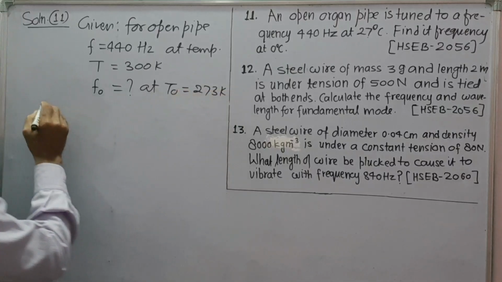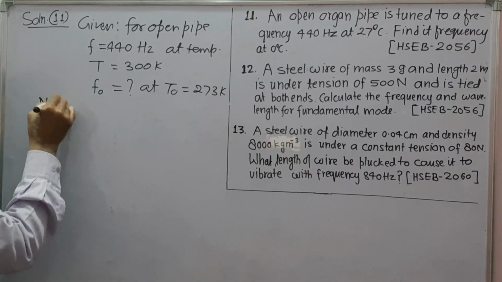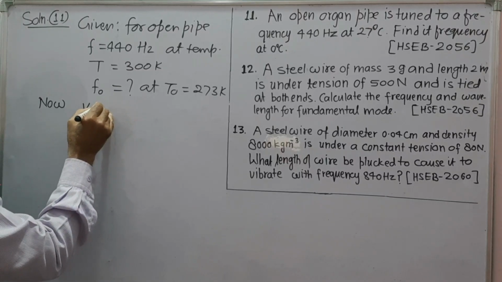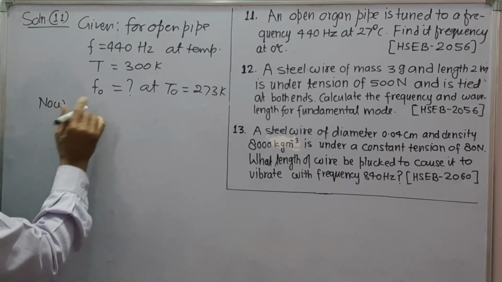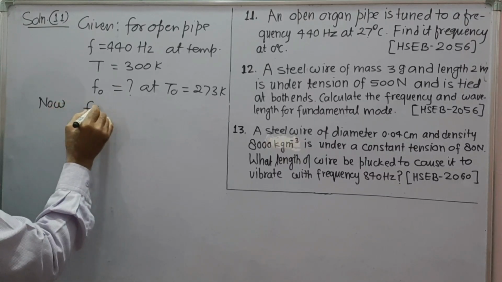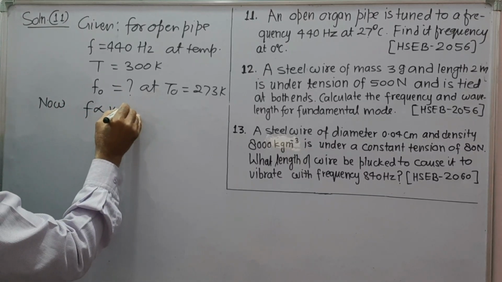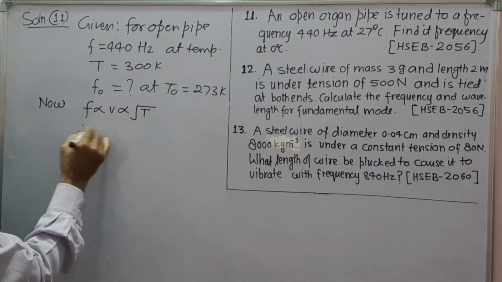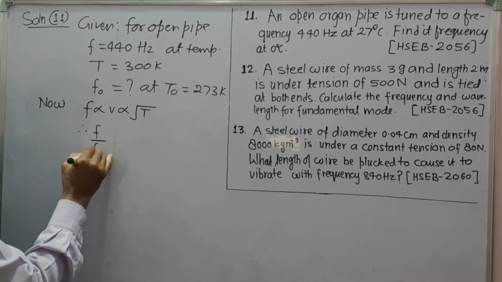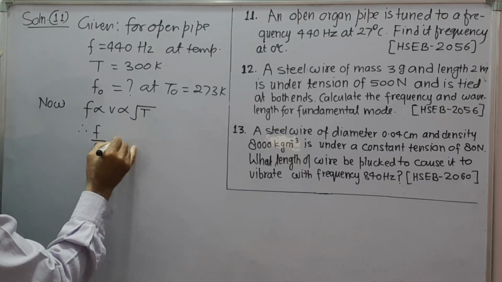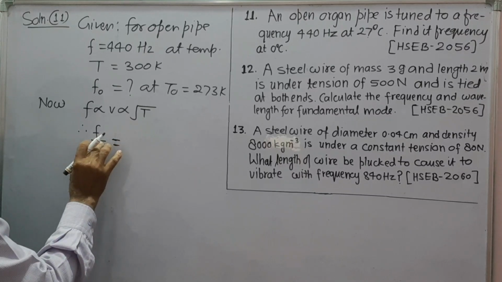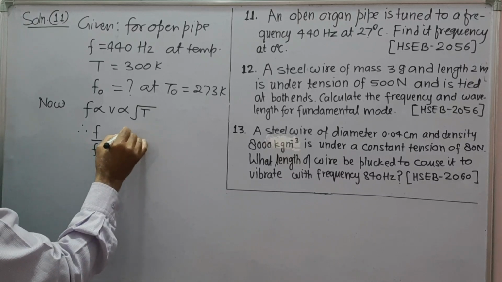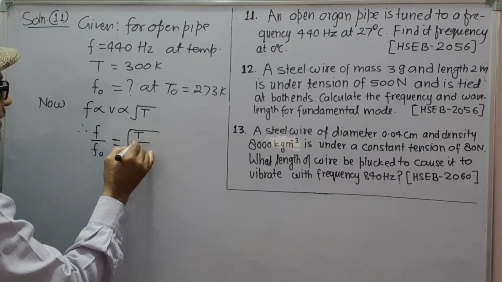273 Kelvin. Now we know that for open pipe, frequency is proportional to V, which is proportional to root of absolute temperature. Therefore, F upon F naught will be equal to root of T upon T naught.